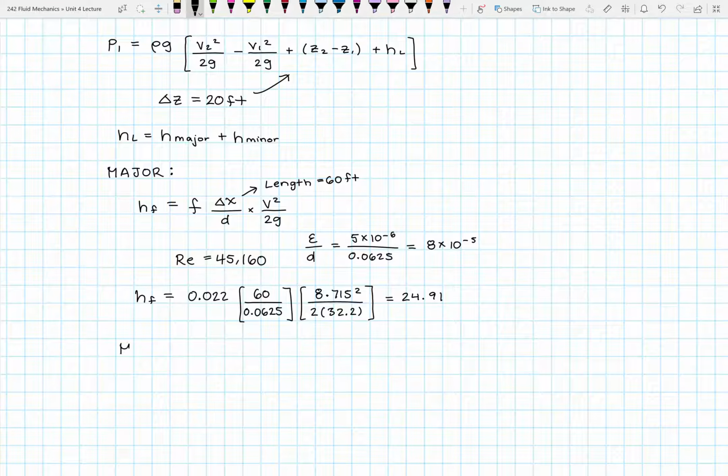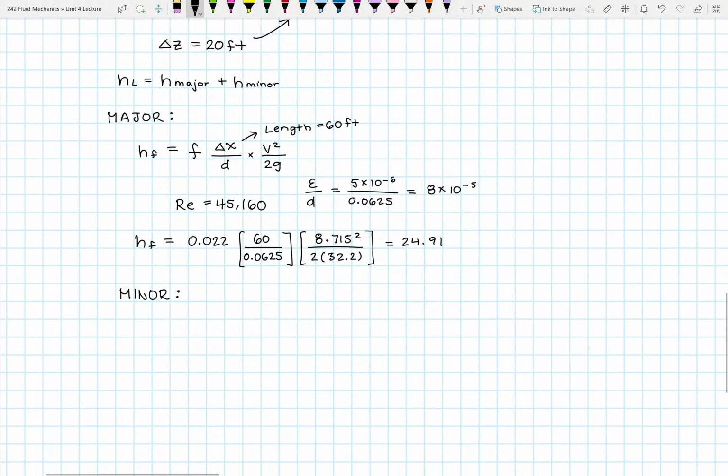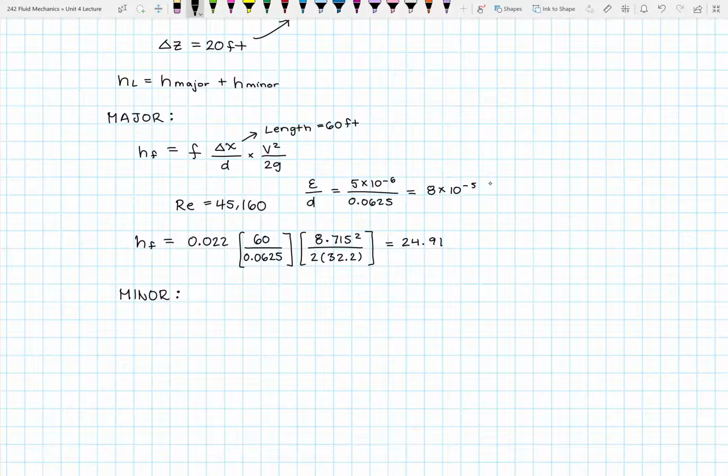Okay, great. So we have a part of our head loss, but not all of it. We now need to worry about our minor losses. For our minor losses, we also have an equation. Our minor losses are going to be the summation of all of our coefficients times the velocity squared over 2g.